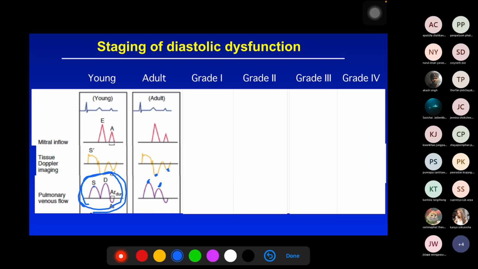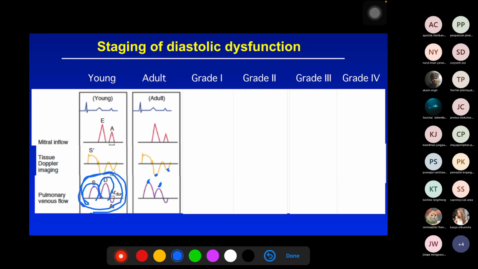Very good compliance means good suction, good relaxation to suck the blood from the LA to the LV. That's why in the young adult we can see D over S. This is normal in the young adult.